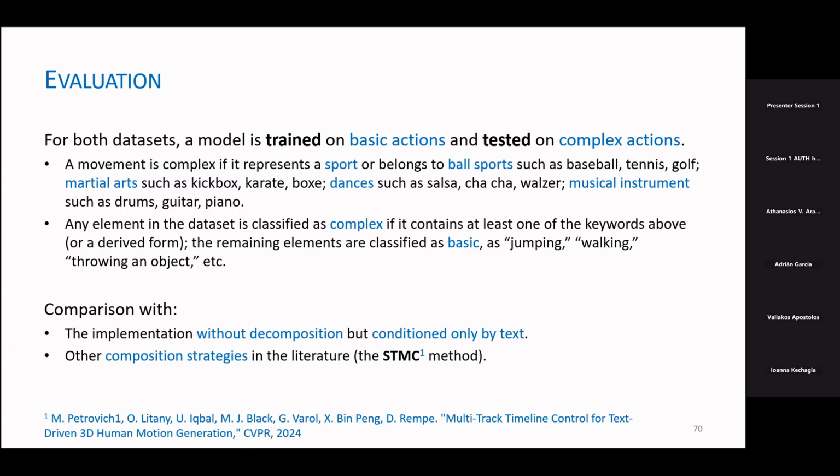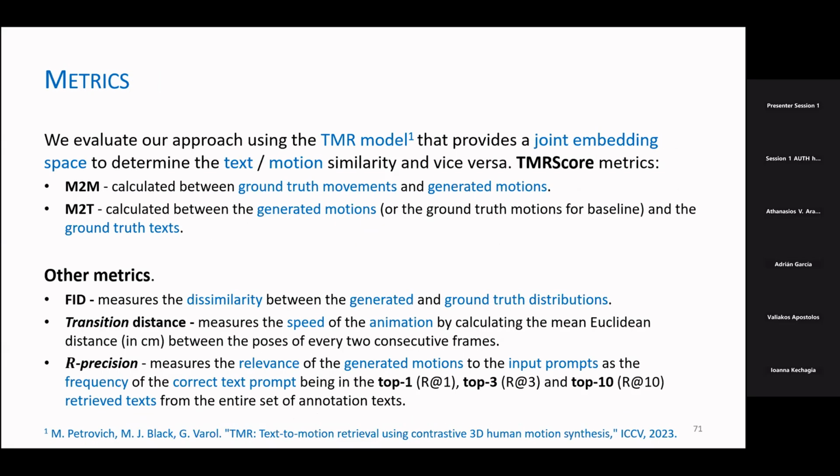And then we have the comparison with some other methods, in particular that STMC method, which is actually the only one which is capable to do something similar. Then we also in this case use the different metrics.